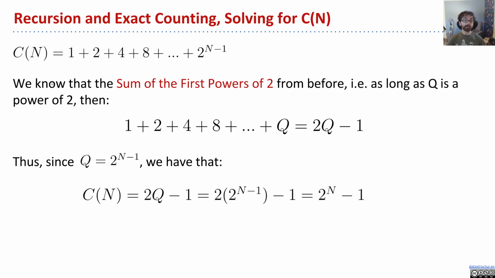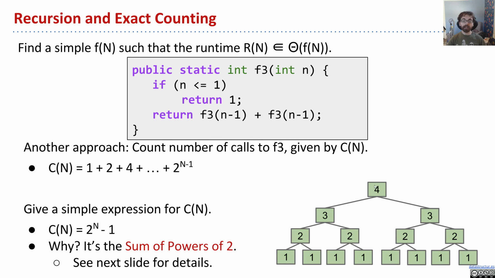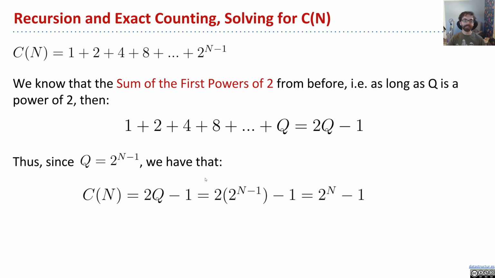So as we know, the number of calls to f3 is going to be 1 plus 2 plus 4 plus 8, all the way up to 2 to the n minus 1. And we also know that the sum of the first powers of 2 from before is going to be 1 plus 2 plus 4 plus 8 plus q, where q is a power of 2. If that is the case, then the exact result is 2q minus 1.